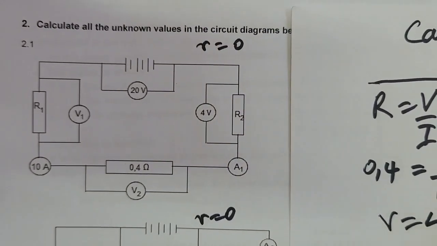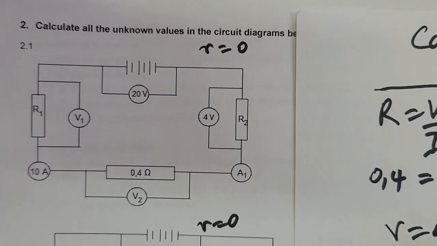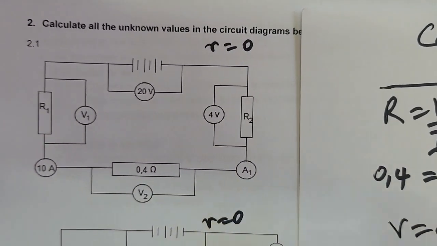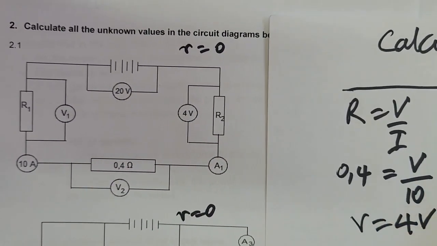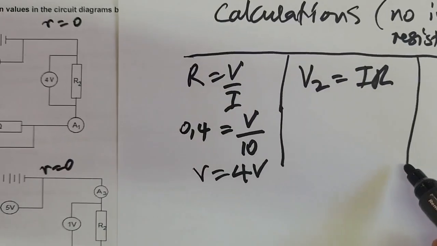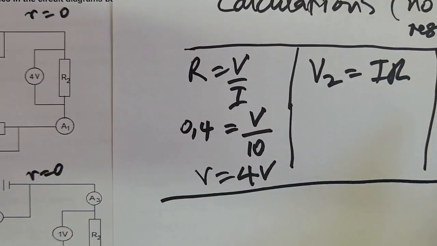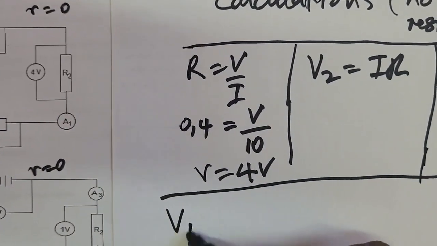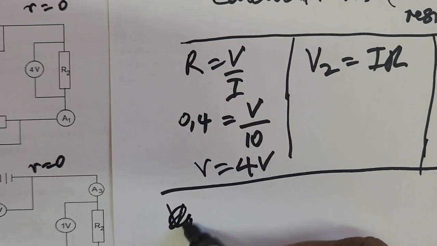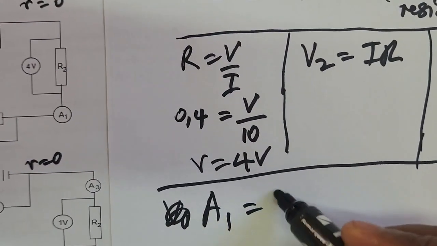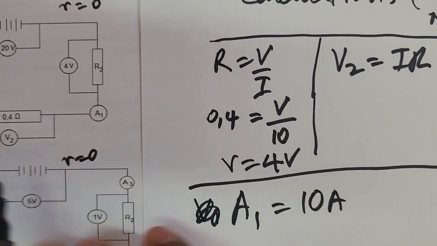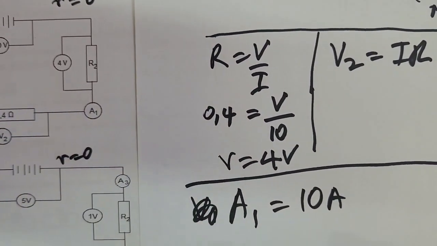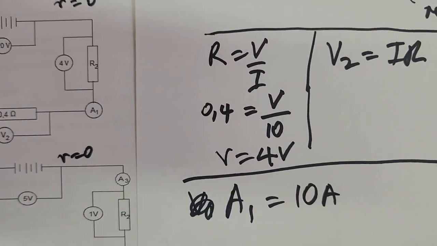Now I can move to A1. According to the given information here, this will give us the same answer. V1, where A1 will be the same as 10 amperes, because we know that the current flowing through here is the same as the current flowing past that ammeter.